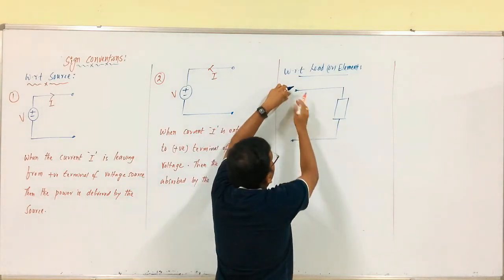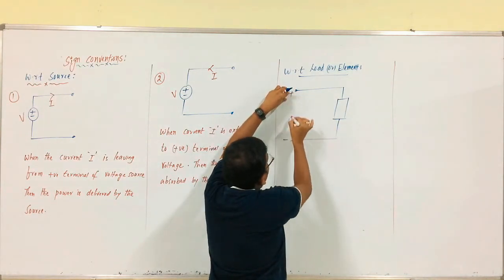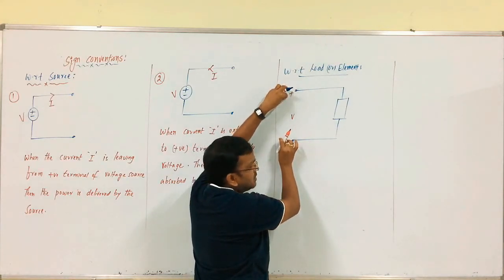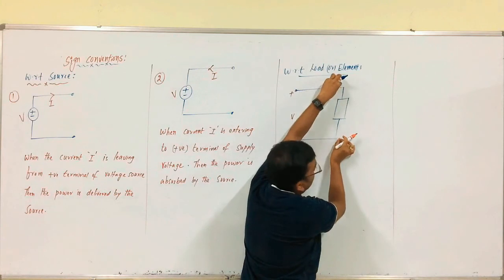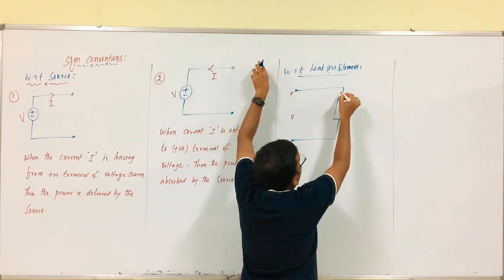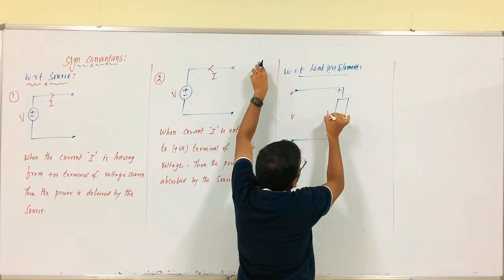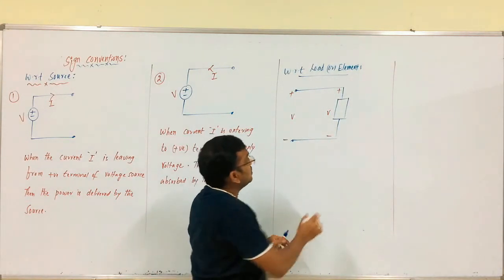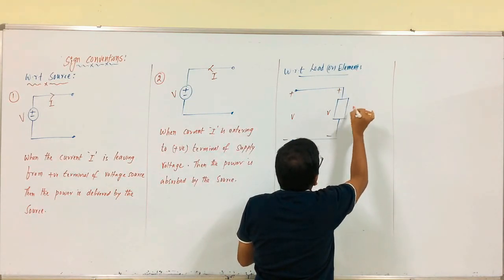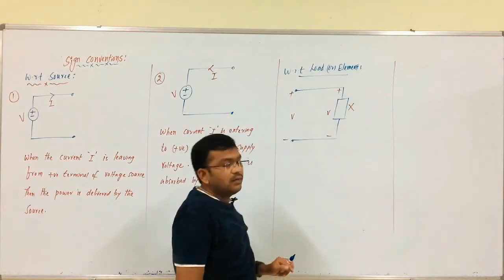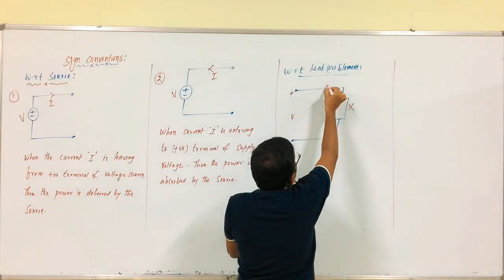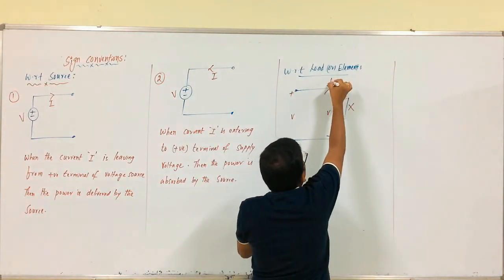So, this is plus, this is minus, this is V. Whatever may be the voltage, that voltage is applicable between these two terminals, because there is no voltage drop between these two terminals. So, this is plus, this is minus, this is V. Clear? So, this is the element or load. It could be called a simple X. For example, the current is like this. This is the current direction.